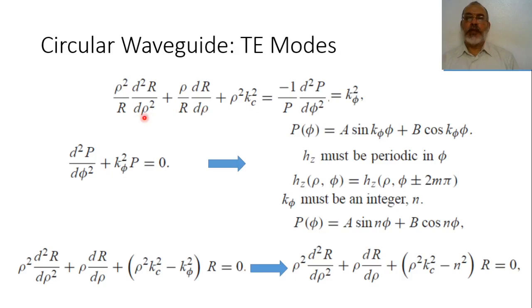So the other elementary differential equation, as a function of rho, can be represented as rho squared d squared R over d rho squared plus rho dR over d rho plus rho squared kc squared R equals k phi squared R. If we move k phi squared from the right side to the left side, it would be minus k phi squared R, and this k phi squared is replaced by n squared.